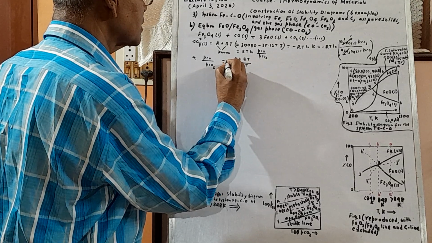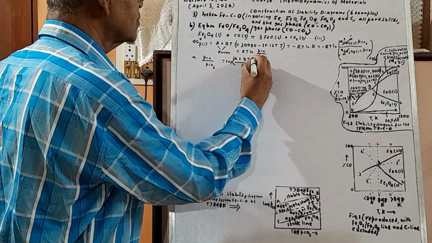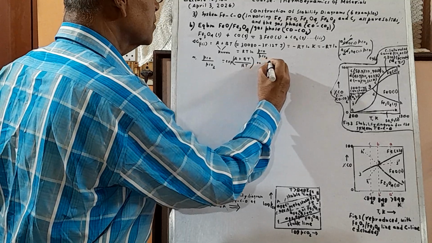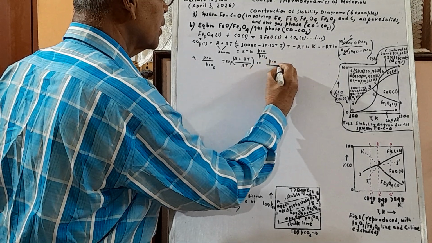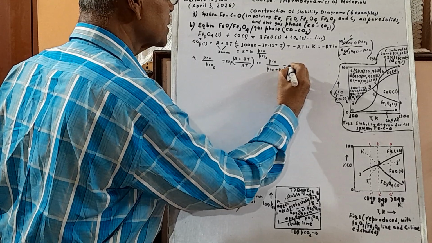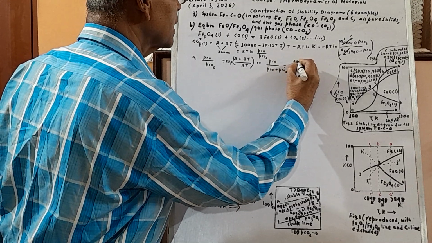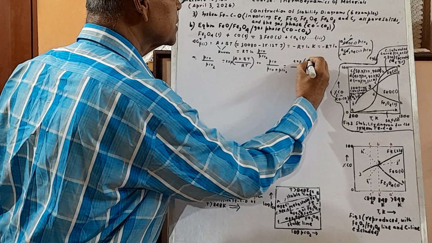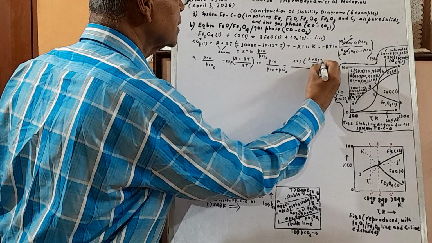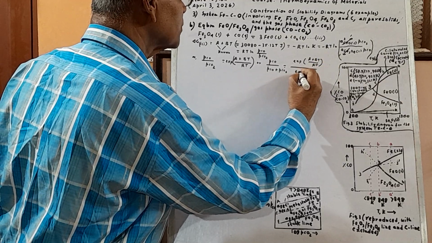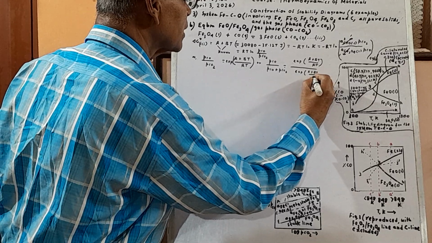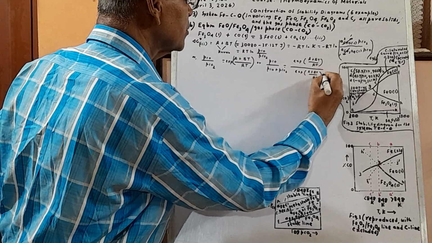Then PCO over PCO plus PCO2, this manipulation will give exponential A plus BT over RT, divided by exponential A plus BT over RT plus 1.